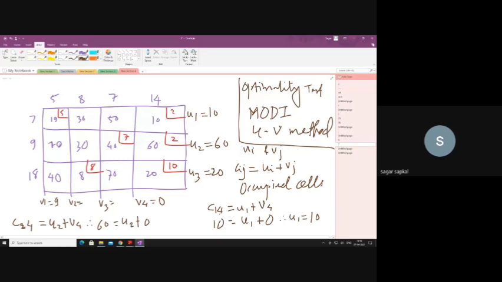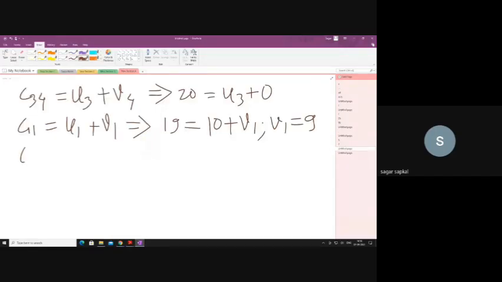Similarly, for finding out V2, you can use C32, occupied cell. Because for occupied cell, you can write Cij is equal to Ui plus Vj. Okay. So I can write C32 is equal to U3 plus V2. Am I right?